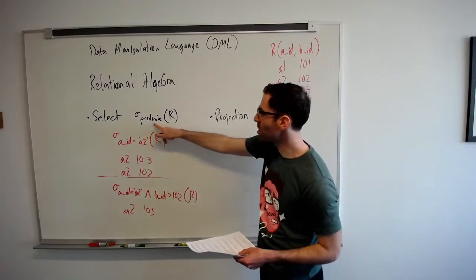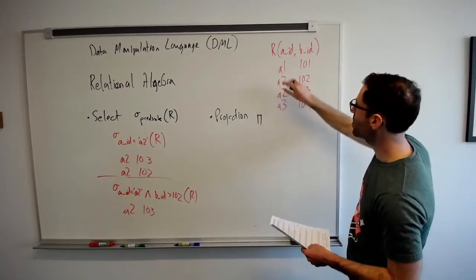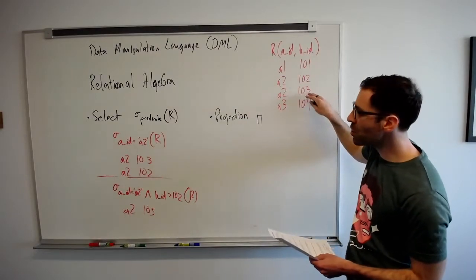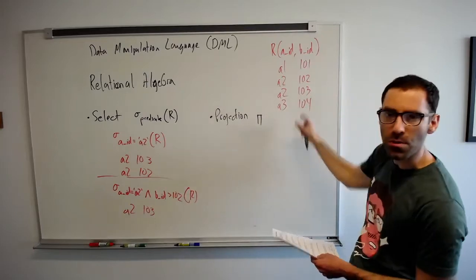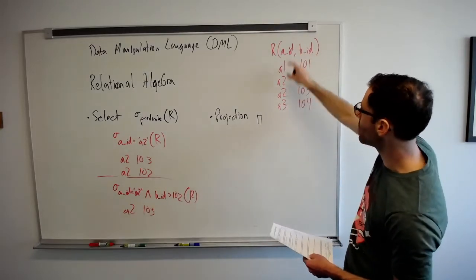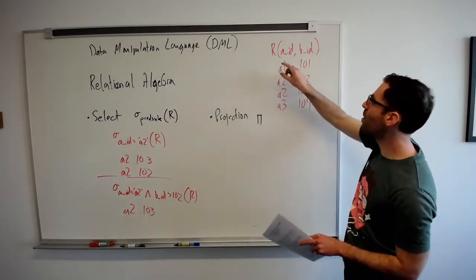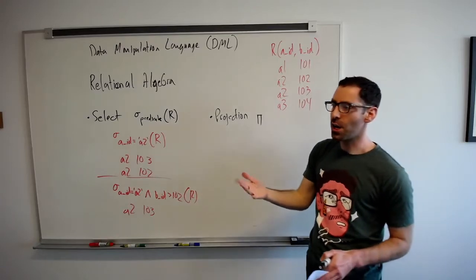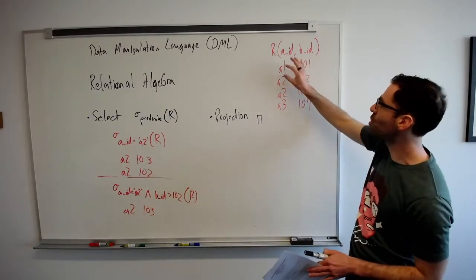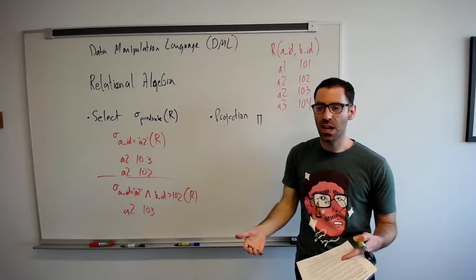So selection is a way to select some subset of tuples from our relation. Projection is a way to select some subset of attributes, or columns as I've drawn them here. But I'll say attributes, because I'm using attributes and tuples very intentionally: the terms row and column can mean a lot of different things in different contexts.